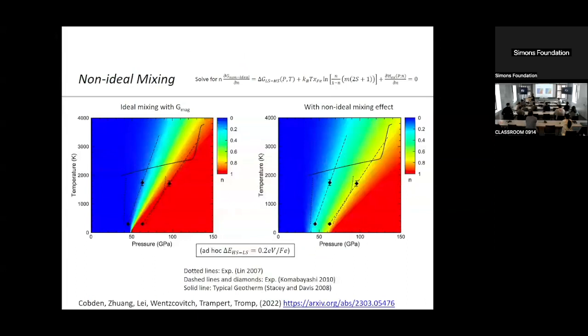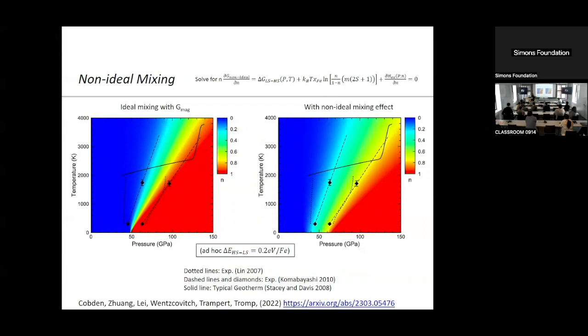But there is another effect that we didn't include, and that's the fact that we treated the high spin, low spin as an ideal solid solution. It is not. You can do a calculation of the excess free energy, how the energy changes when you change high spin, low spin configurations for the same low spin fraction.